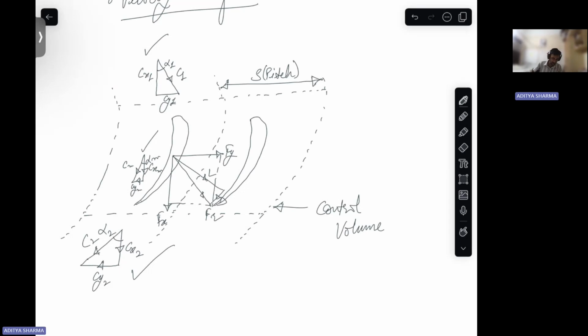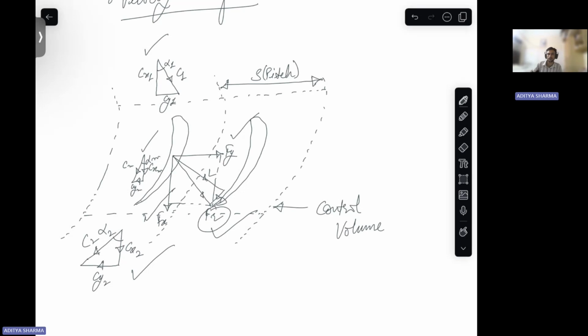where you have the mean velocity, and this mean velocity has been divided into X and Y components. Then there is force in X and Y directions, and these two forces eventually give this resultant force FR.